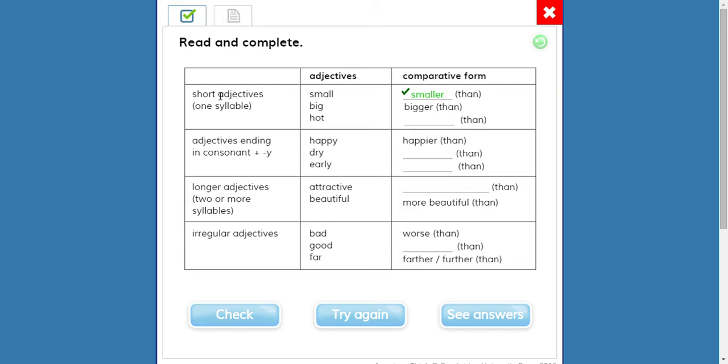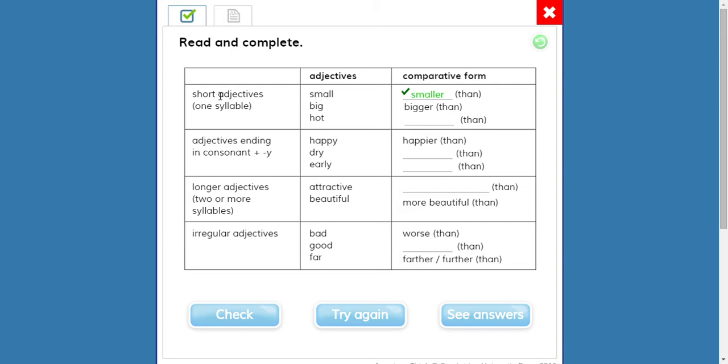Those adjectives follow a rule; we're going to check it later. Another one is a longer adjective, two or more syllables. They follow a different rule. And finally, we have irregular adjectives. As the name says, irregular, they don't follow rules.